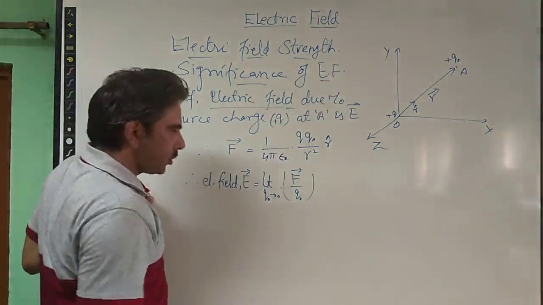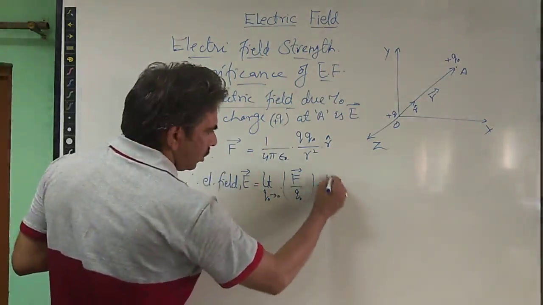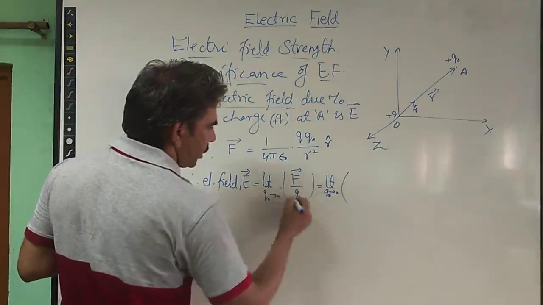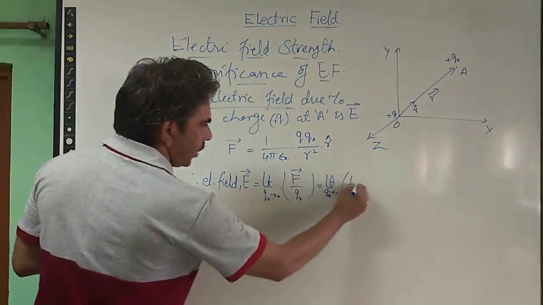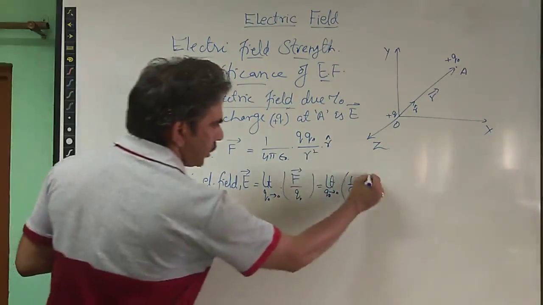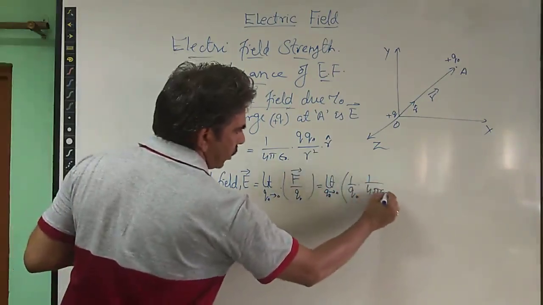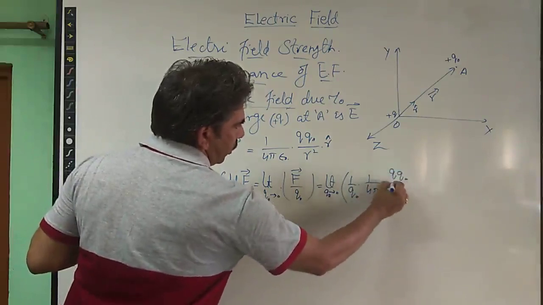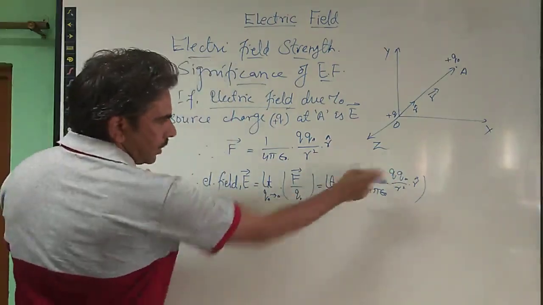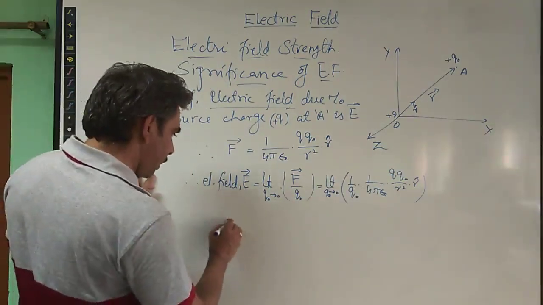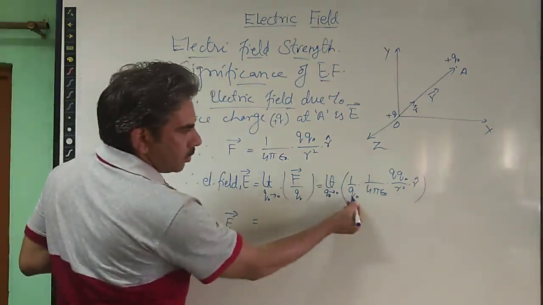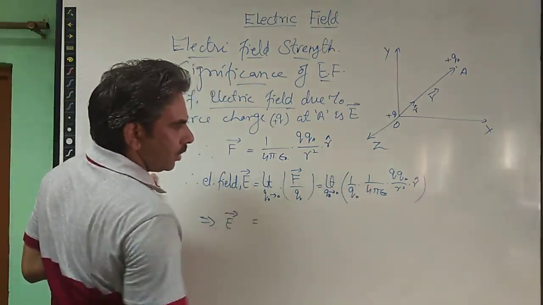So it becomes the limit as Q naught tends to zero of 1 upon Q naught into the electrostatic force, which is 1 upon 4 pi epsilon naught into Q Q naught upon r square into r unit vector. So Q naught cancels out with the Q naught, and because there is no more Q naught, this limit condition can be removed.